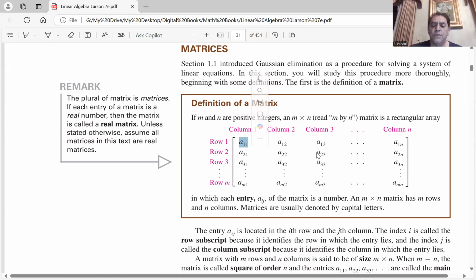A sub 2, 3 means this element is in the second row, third column of this matrix. Think of the subscript as the address for that element in the matrix.